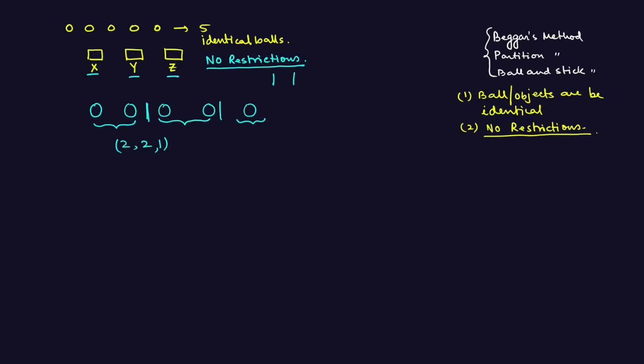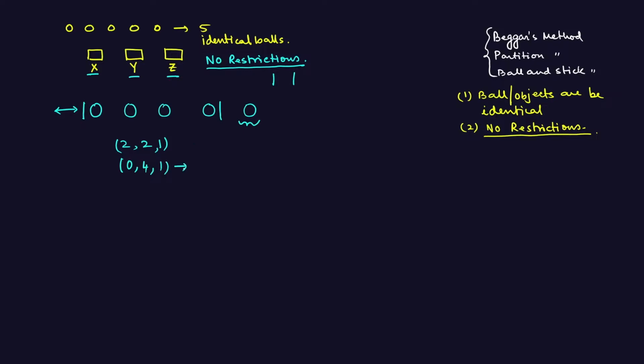Now suppose if I remove this separator from here and if we place it, let us say, here, then what happens? You see, in the left side of this separator, there are no balls. It means that your X will receive 0 balls. Your Y will receive 4 balls. And your Z will receive 1 ball.